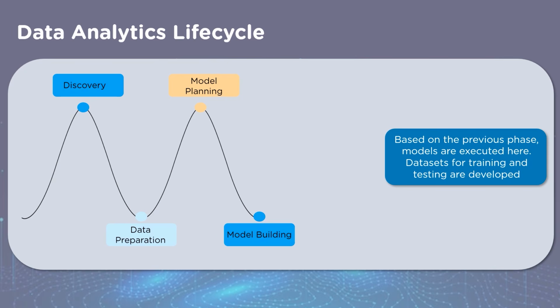Now for model building activity, they have a data set already in place. So this data set will be split into training data set and test data set. It's not only training and test, we can also do some validation in between training and test.